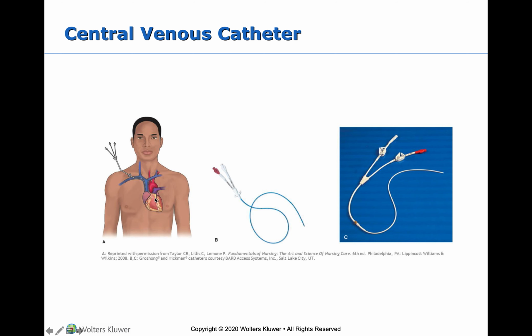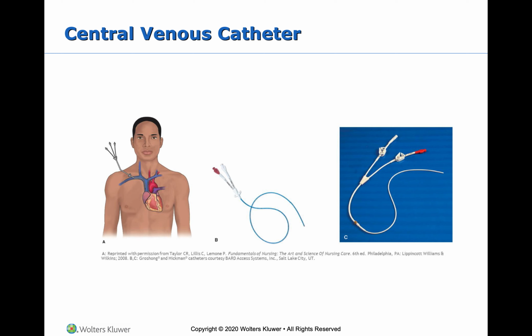Oh my gosh, my mouse is so slow, I'm sorry. So your right atrium's right here, and this tubing is going to be inserted right into there. Okay, so it's a really good access device. It's also a really good source of infection if it's not taken care of well. So that's what your central venous catheter is.